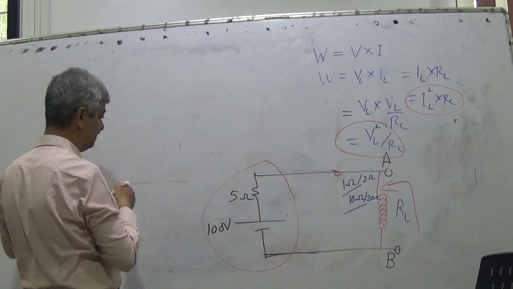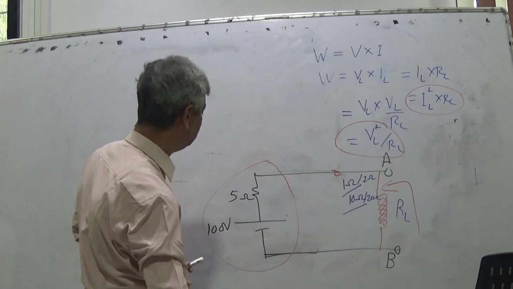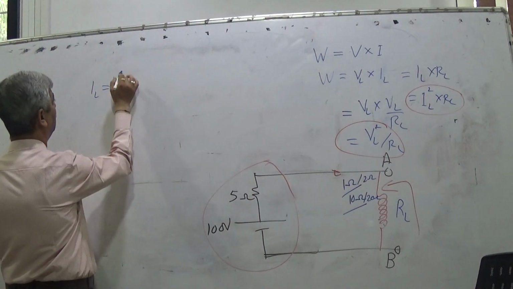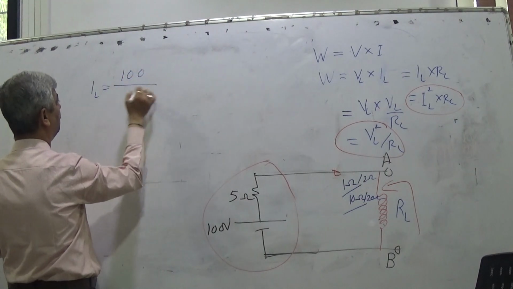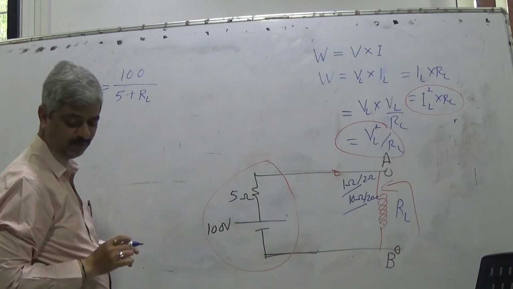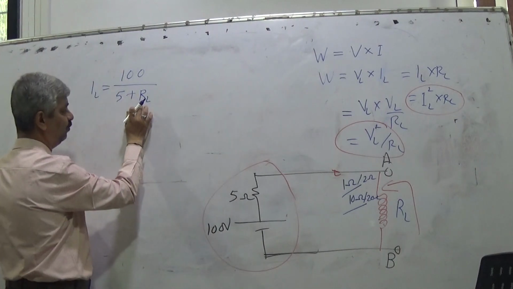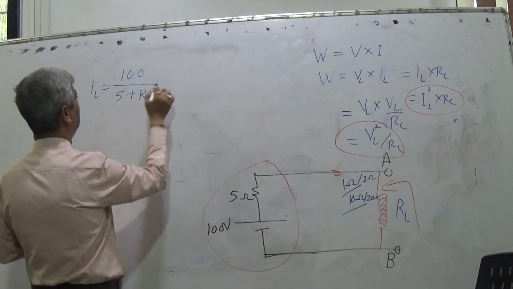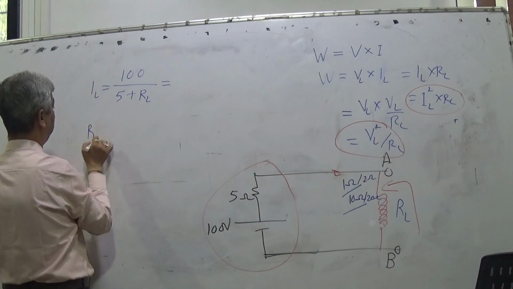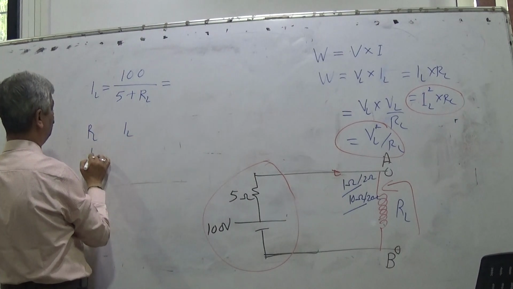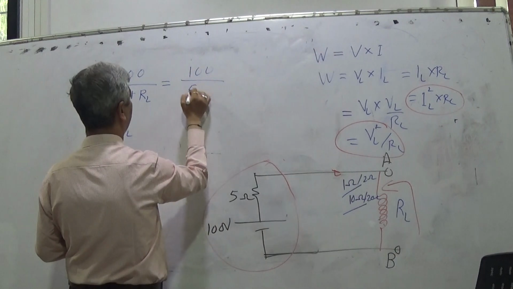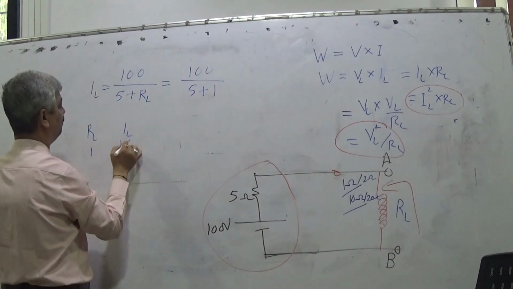Since there is an internal resistance of 5 ohms, IL will be 100 volts over 5 plus RL. So if RL is 1 ohm, IL would be 100 upon 5 plus 1, 100 upon 6.